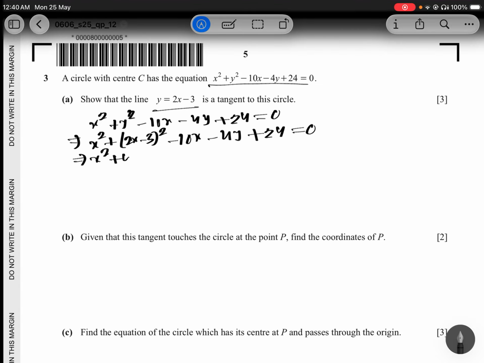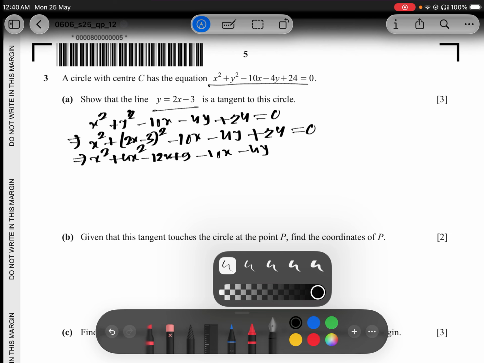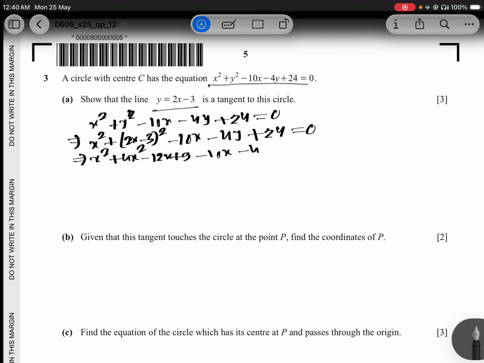So x squared plus 4x squared minus 12x plus 9 minus 10x. Sorry, minus 4y, I have to change the y. Minus 4 times 2x minus 3, plus 24 is equal to 0.